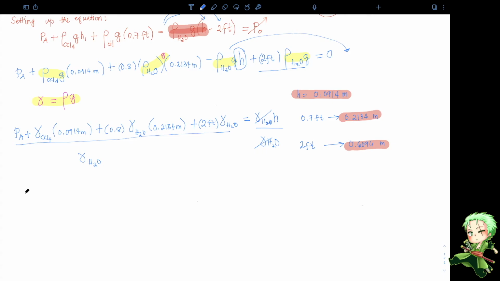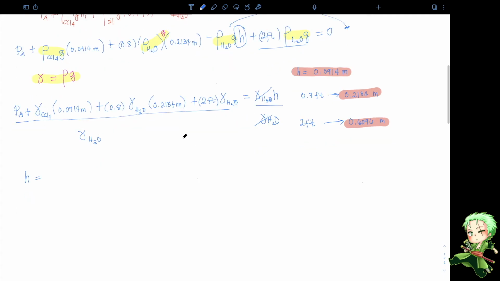And so I now have an expression for h, and that is given by this expression: PA plus the specific weight of CCl4 multiplied by 0.0914 meters plus 0.8 times the specific weight of water.